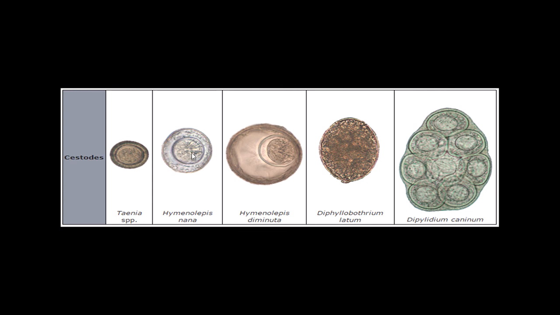And one called Hymenolepis nana or Hymenolepis diminuta can be identified also by the hairy-like type of structure that's present in the ova in a stool specimen.